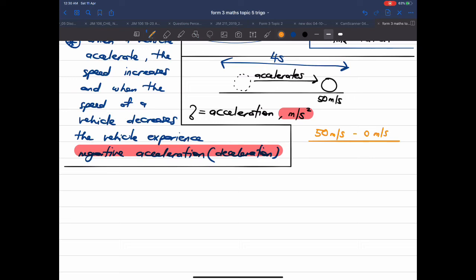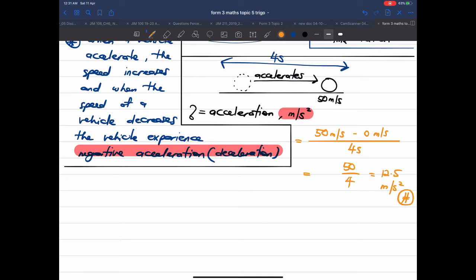What is the time taken? 4 seconds. So here I'll be getting 50 divided by 4, where the answer will be 12.5 meter per second square. This is your answer. This is the easiest question that you can understand. Okay, there's some more harder ones.